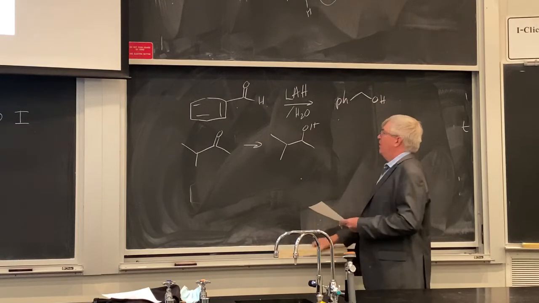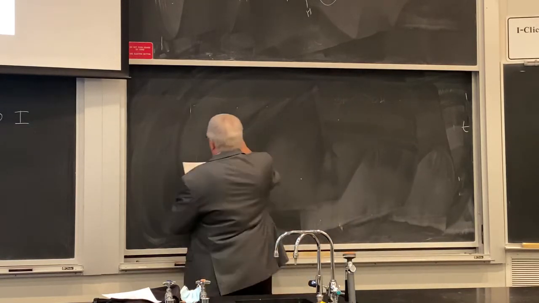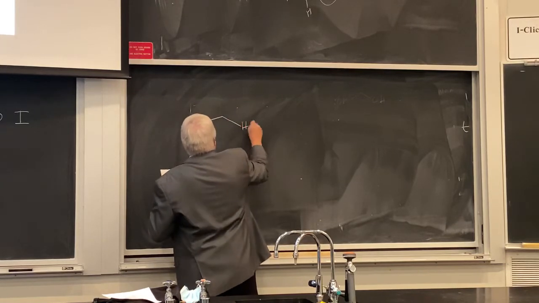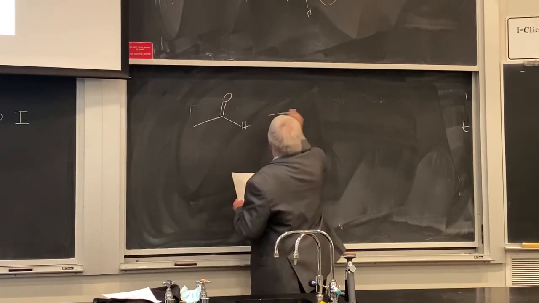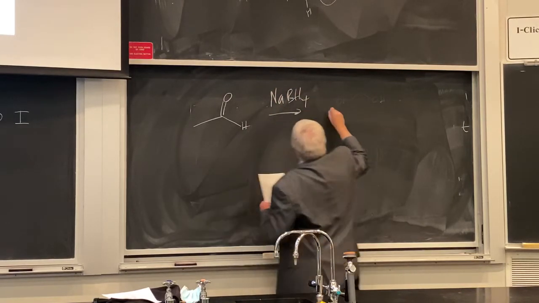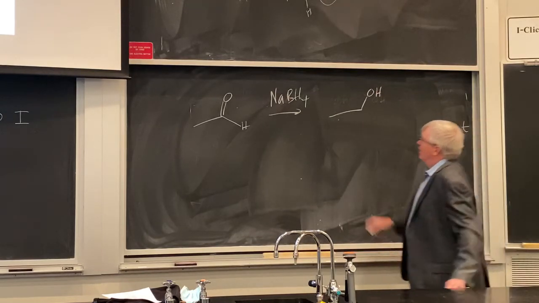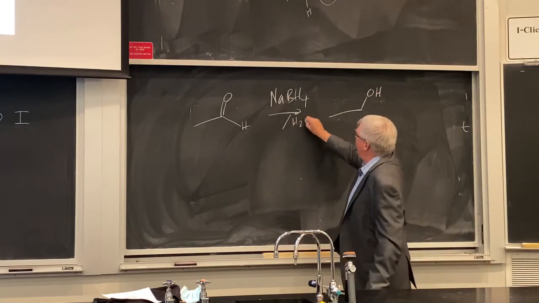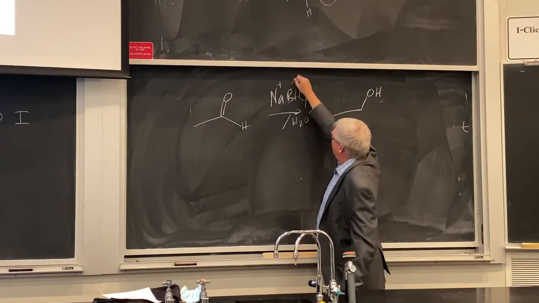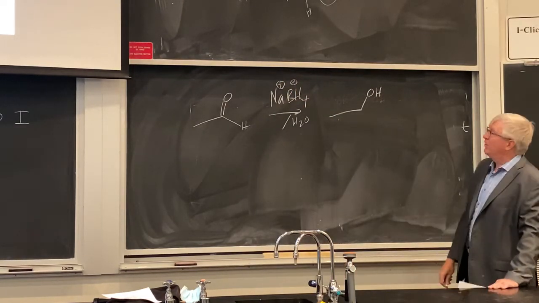All right, let's look at the mechanism of borohydride. So here you go. Let's keep it simple. Acetaldehyde, sodium borohydride, and we're going to go to ethanol. And we've got water. Let's have the whole thing in there. First of all, notice the charges on the reagent. It is an ionic inorganic salt.